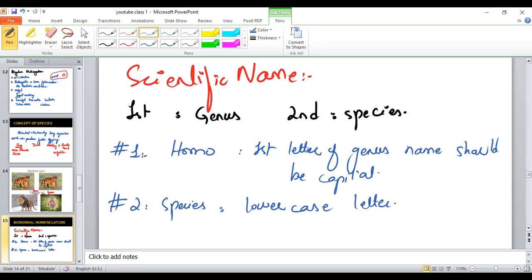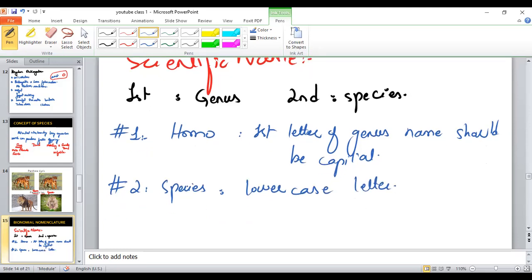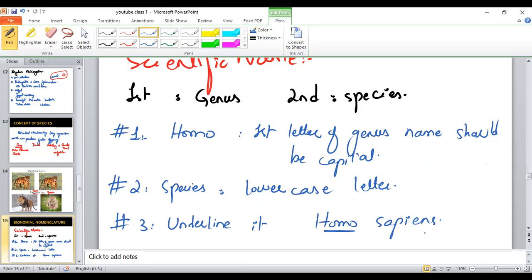Then if you are writing by hand, manually, you have to underline it. Like if I'm writing Homo sapiens, so Homo and sapiens should be underlined.